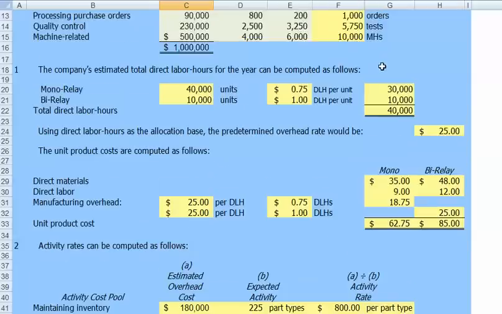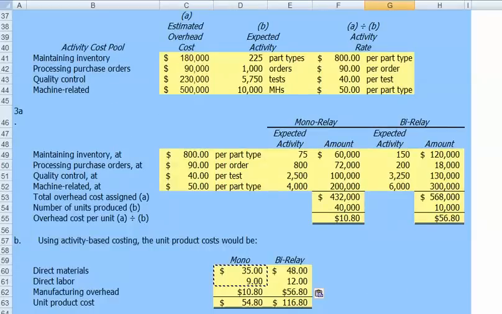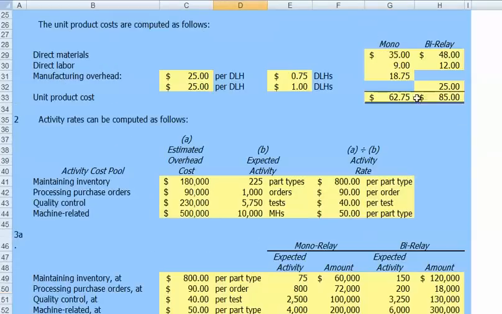And sure enough, we did. High volume was 62, now it's at 54, and just the opposite with our bi relay. So that's a quick walkthrough on how to build your Excel model.